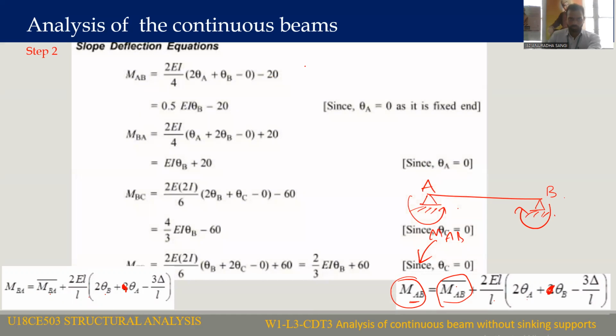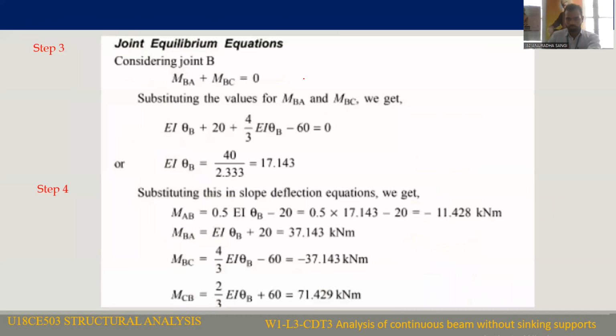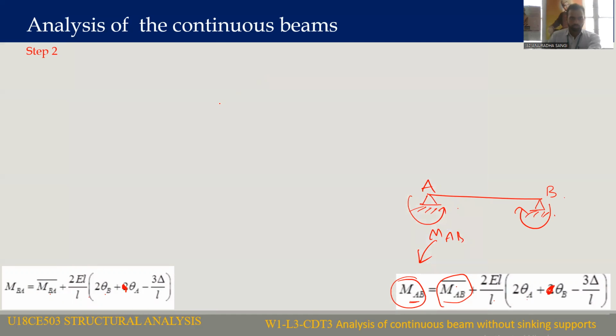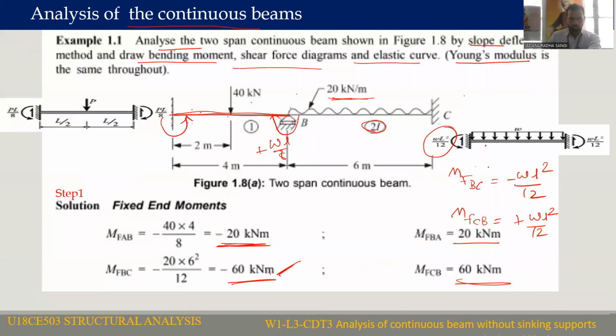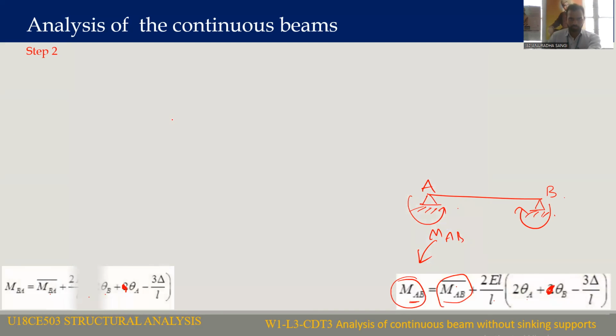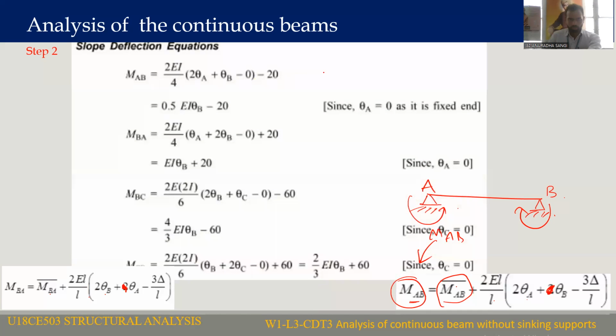So first one, if you see the AB span, theta A is equal to 0.